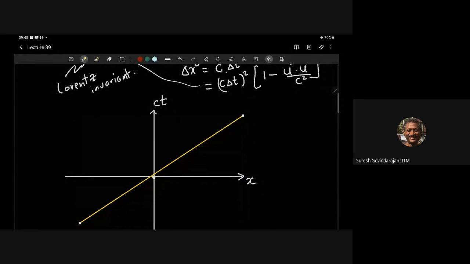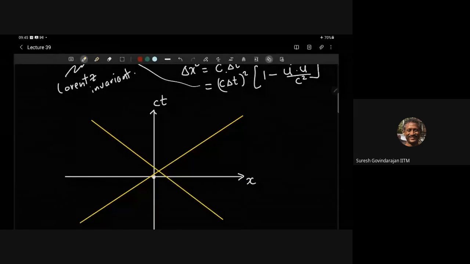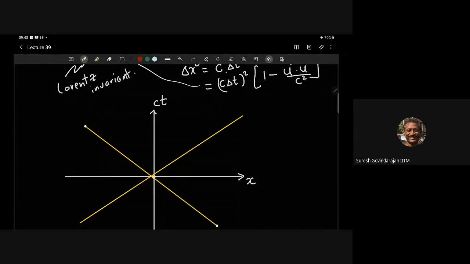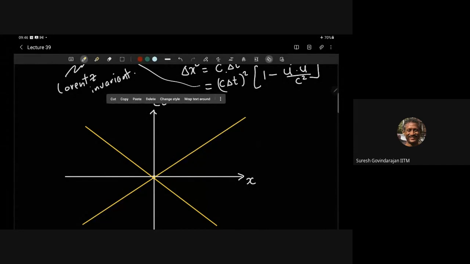I give up. This is even worse. Oh, I think I'm doing something stupid. Okay, I stop here. Let's just assume that these angles are 45 degrees.